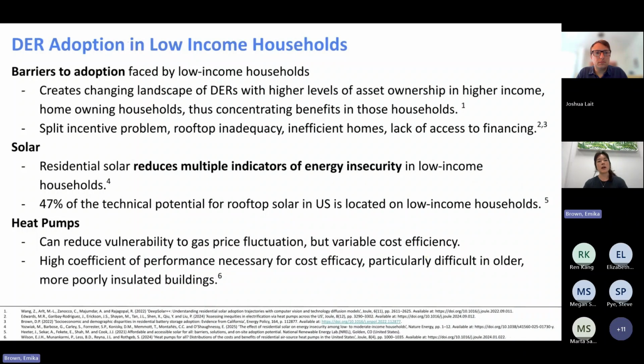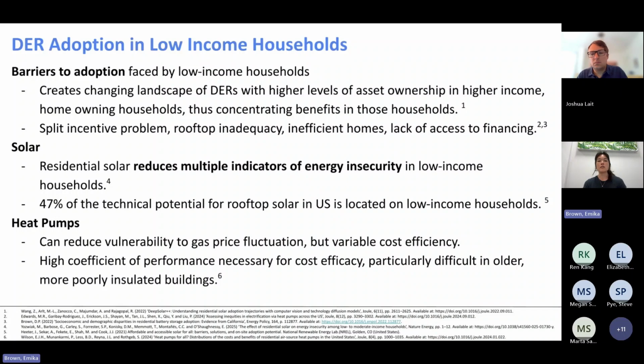But particularly in low-income households, there are a lot of barriers to adoption, which creates this changing landscape of DERs, with higher levels of asset ownership in higher-income homeowning households, which therefore also concentrates the benefits of those assets in those households. Some of the most documented barriers include the split incentive problem.